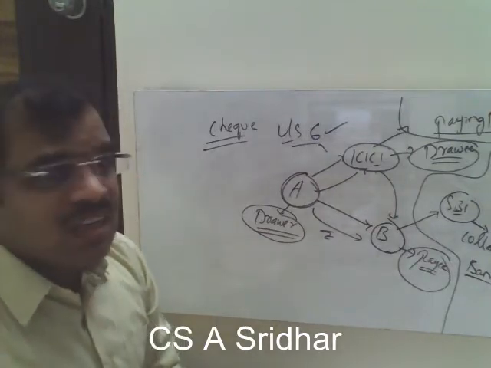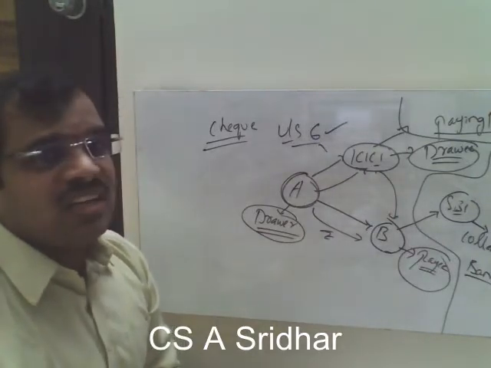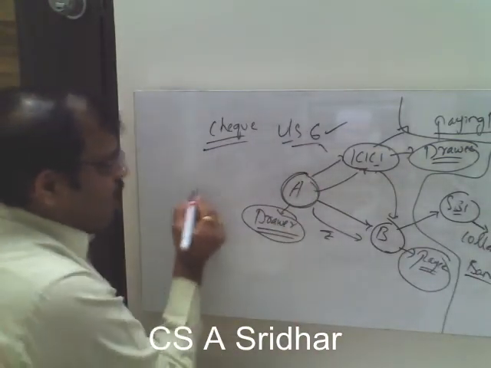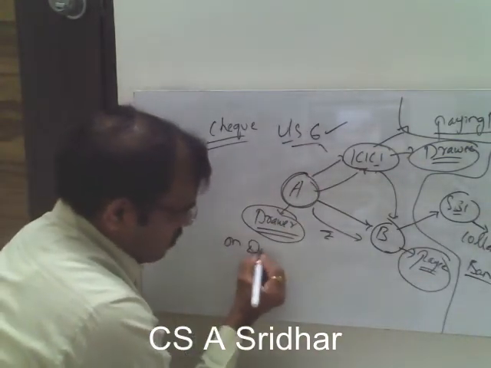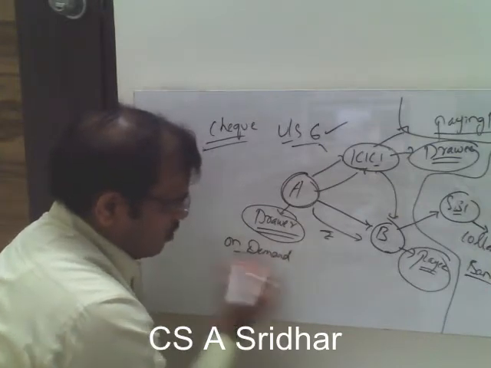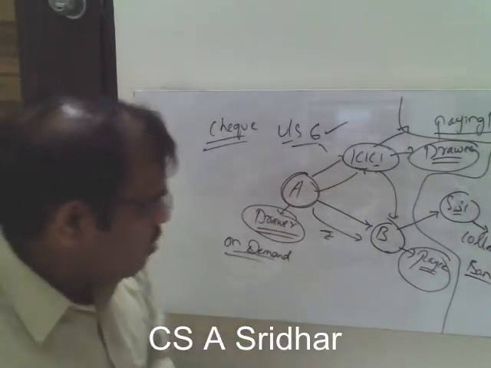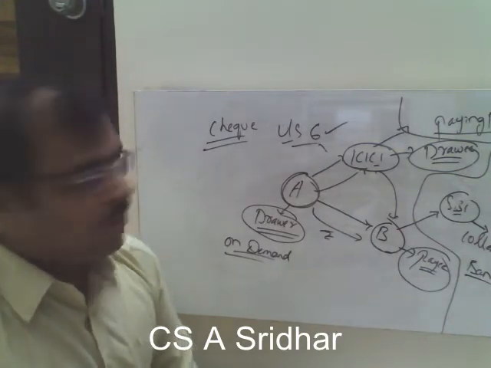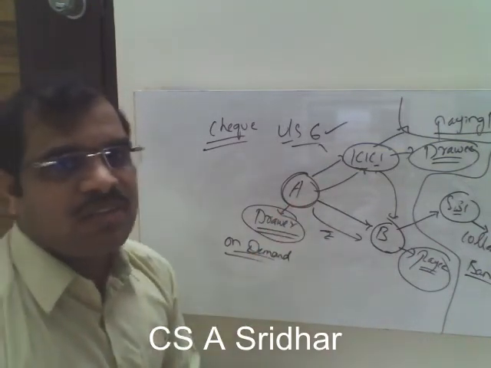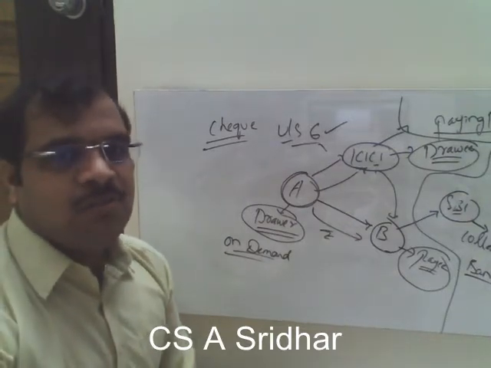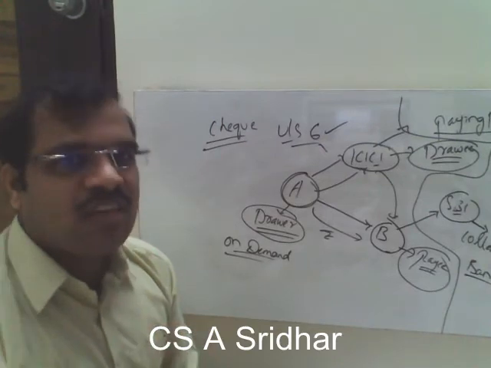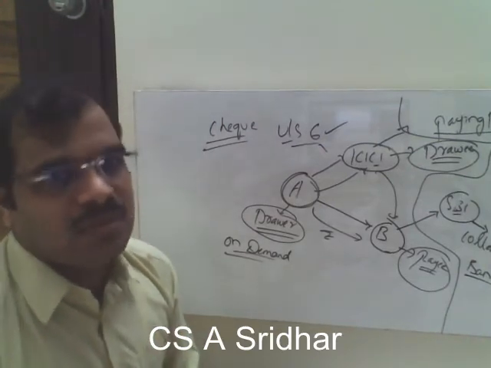So another essential condition in case of check is that it is payable on demand. So what is the meaning of on demand? So here we have to be very clear. On demand means, suppose in case of bills of exchange, if A is drawing one bills of exchange on B, and if B is giving the acceptance, B knows, because he has already given the acceptance, B knows when he is liable.